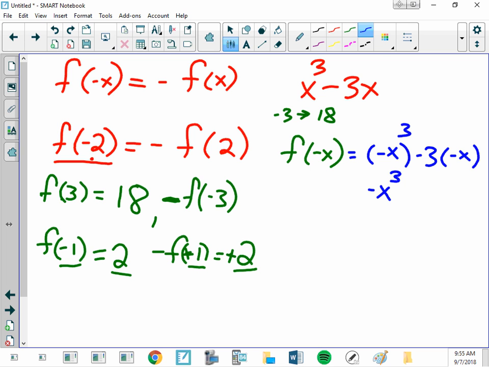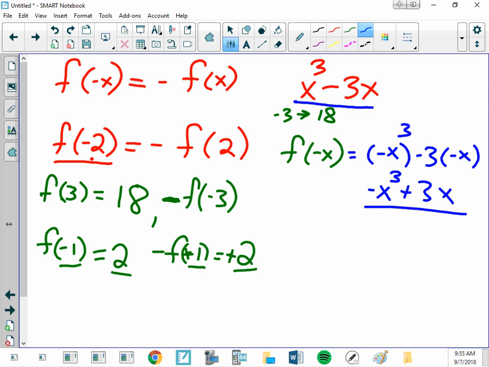Negative x to the third. And then negative 3 times negative x is plus 3x. What do you notice about this? It's the exact opposite of the original, which means it's odd. Right. If the result here is the exact opposite of here, that is an odd function.